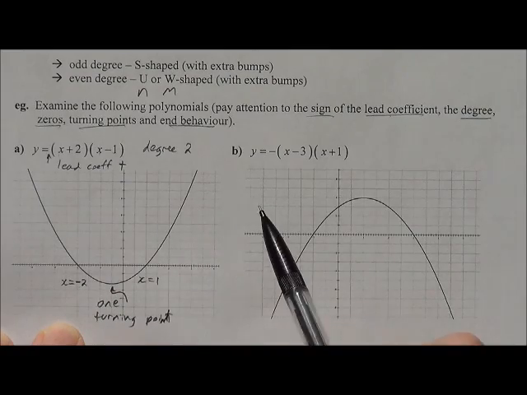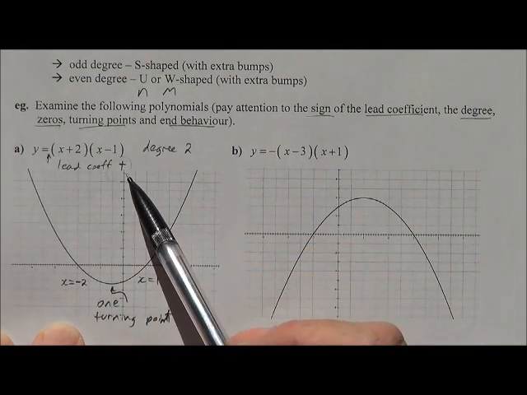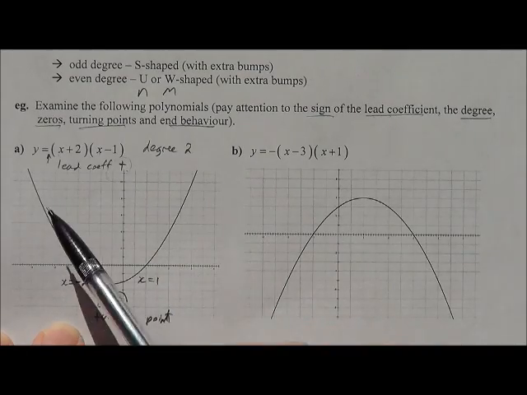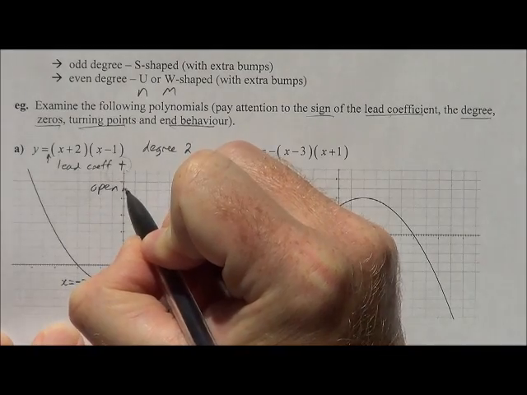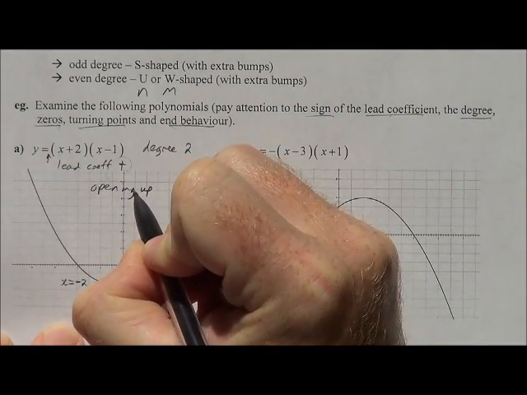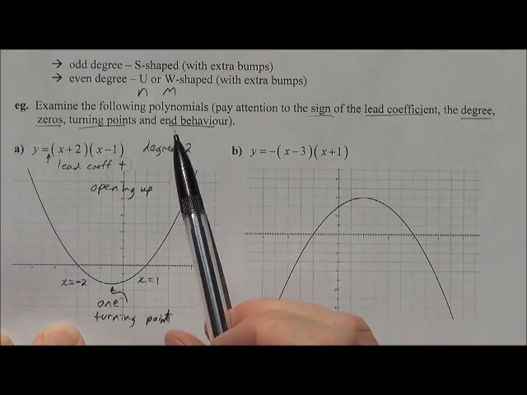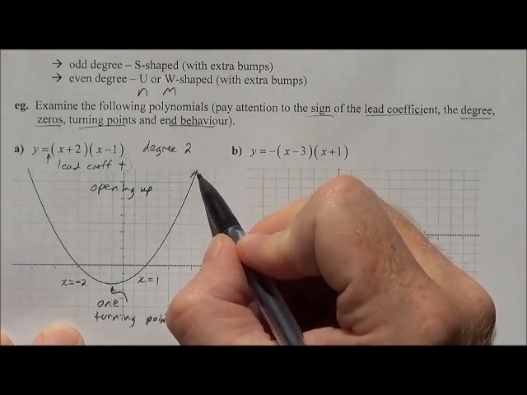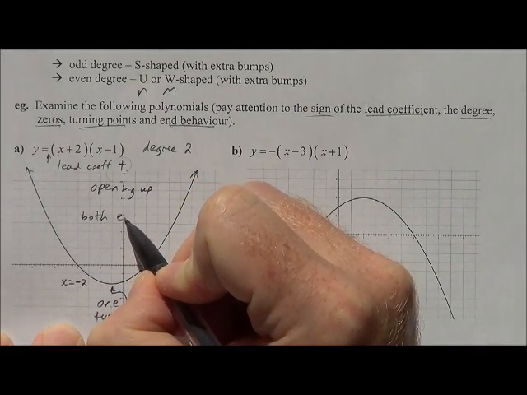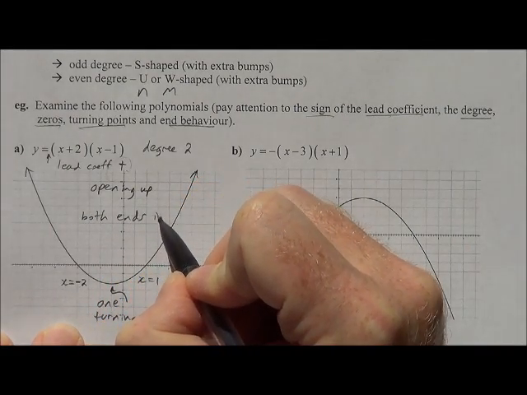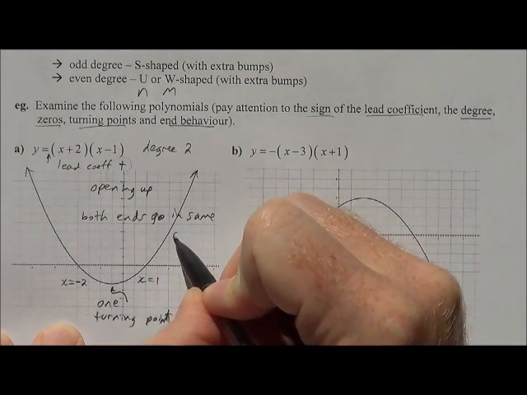Also, with this lead coefficient, notice which way the parabola is opening. It's opening up. And for the end behavior, both ends basically go in the same direction.